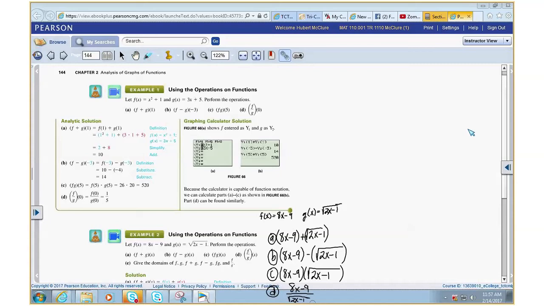And that'll give you positive 1, which would be 1/2. So anything below 1/2 will give you a negative, so you have to use 1/2 and above. So on A, B, C, and D, x has got to be greater than or equal to 1/2.